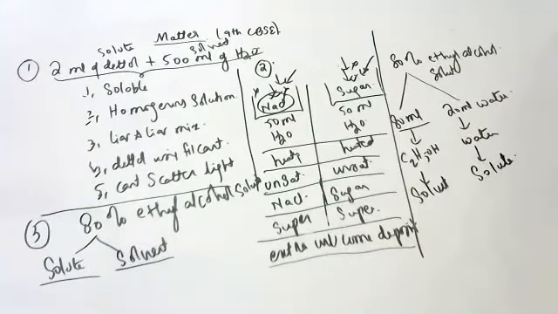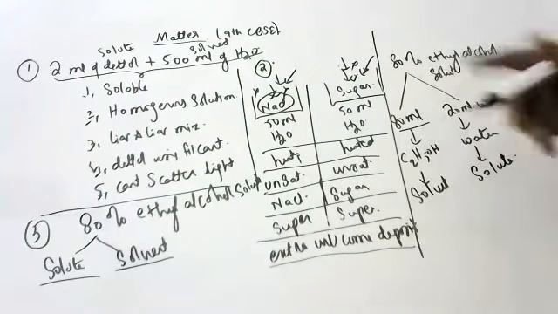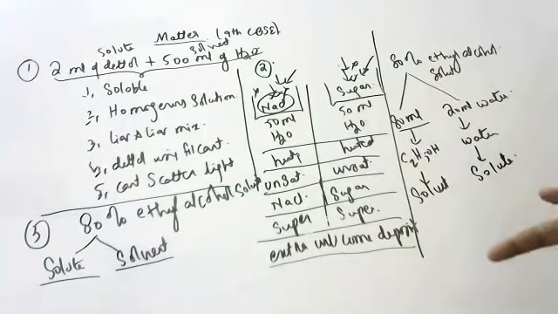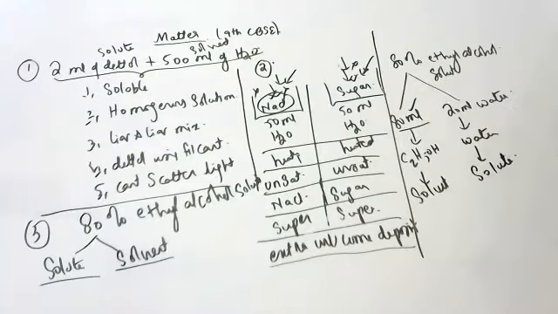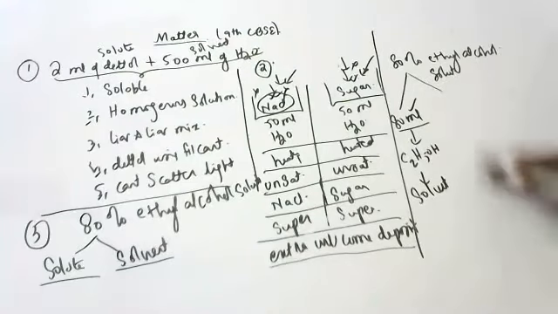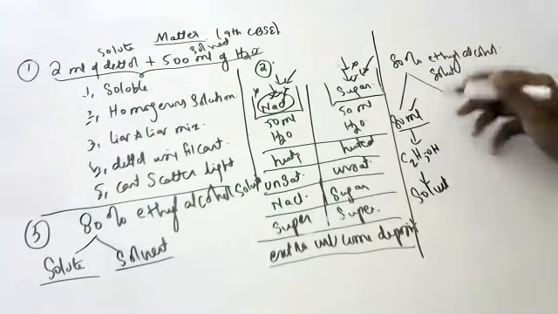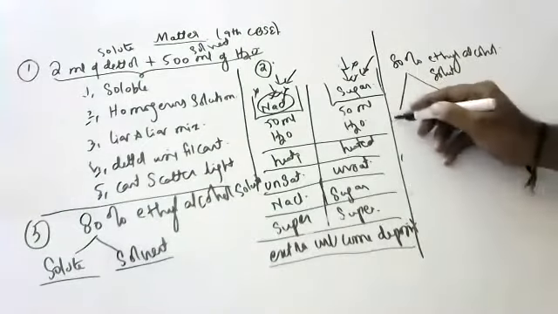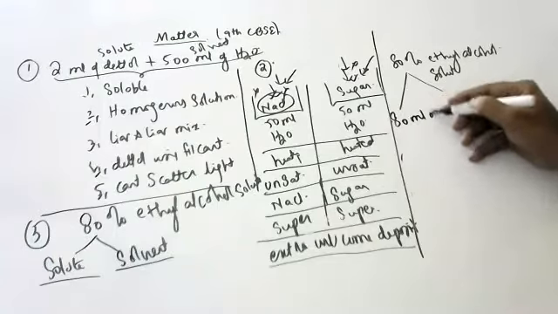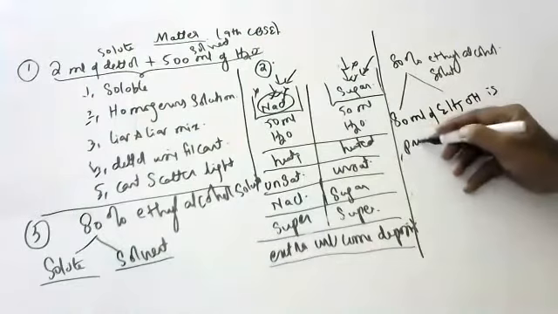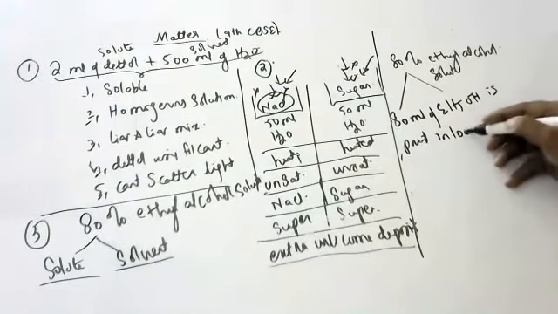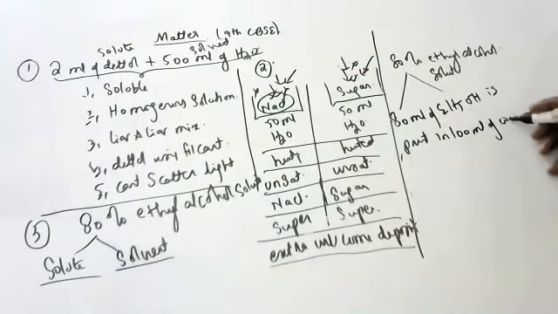I'm sorry, children, I'm sorry. 80% means 80 ml of ethanol is present in 100 ml of water. You want to say this only, Nanika? Yes, sir, this is correct.